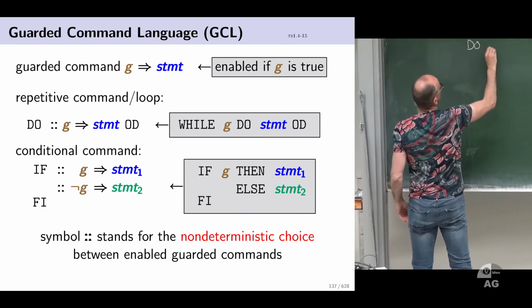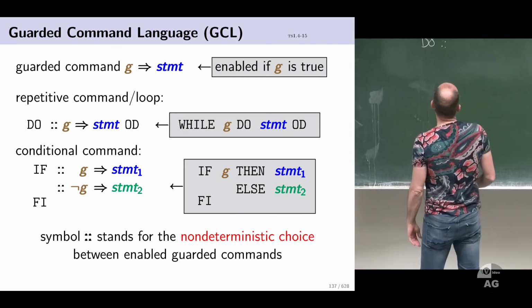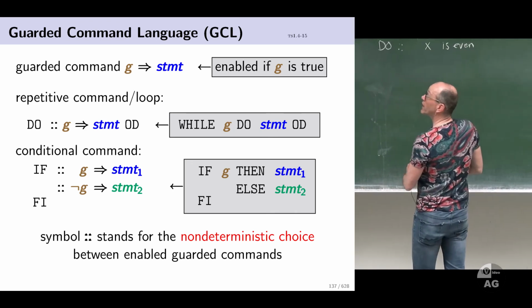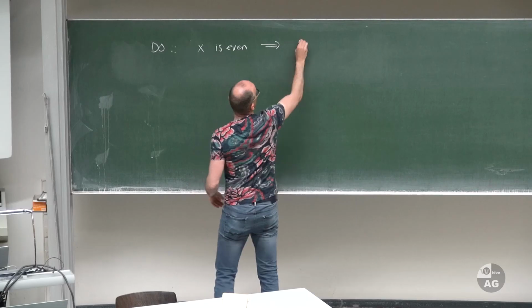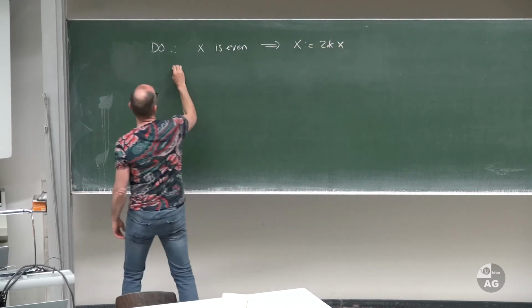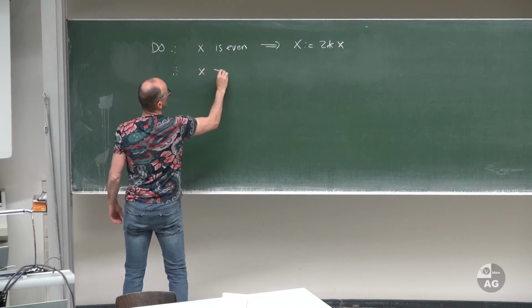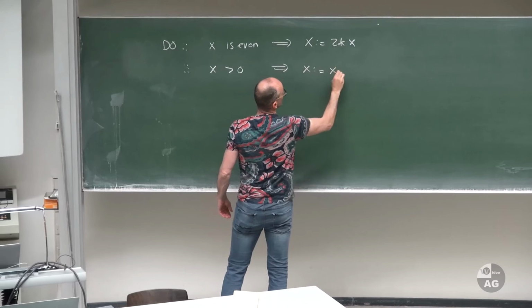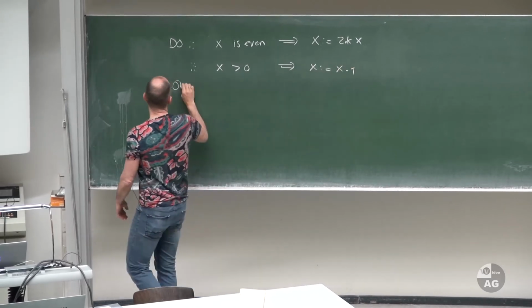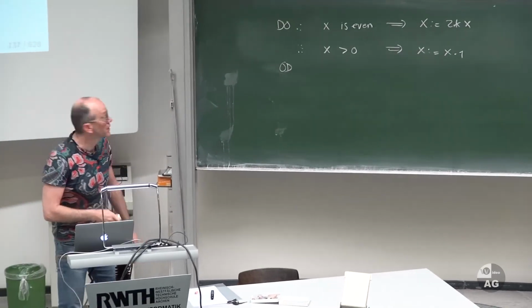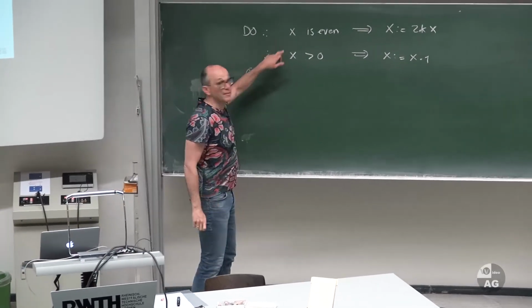Do. Then you say condition x is even, then you can do a statement: x becomes 2 times x. Or you could say x larger than 0, and then x becomes x minus 1. Od. This is perfectly well allowed in Dijkstra's notation. The two guards are overlapping.